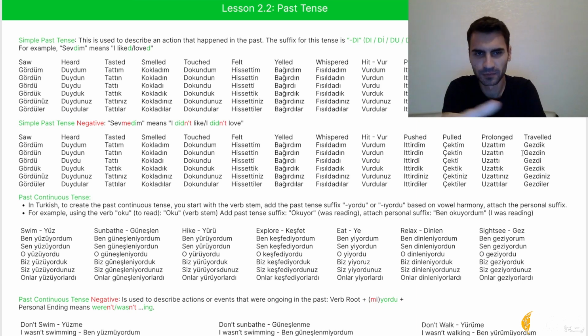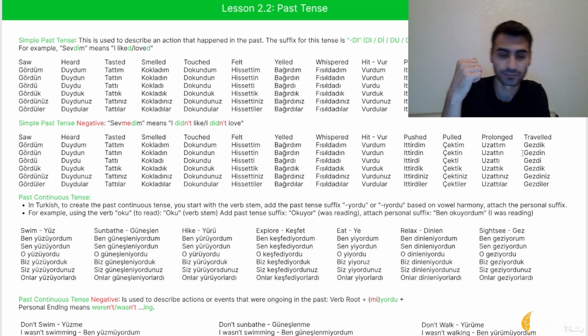Alright, simple past tense is dı, du. Sevdim means I liked. Sev is like, actually love, but we use it for like also. And when you use it just ordinarily, spontaneously, it is like actually.